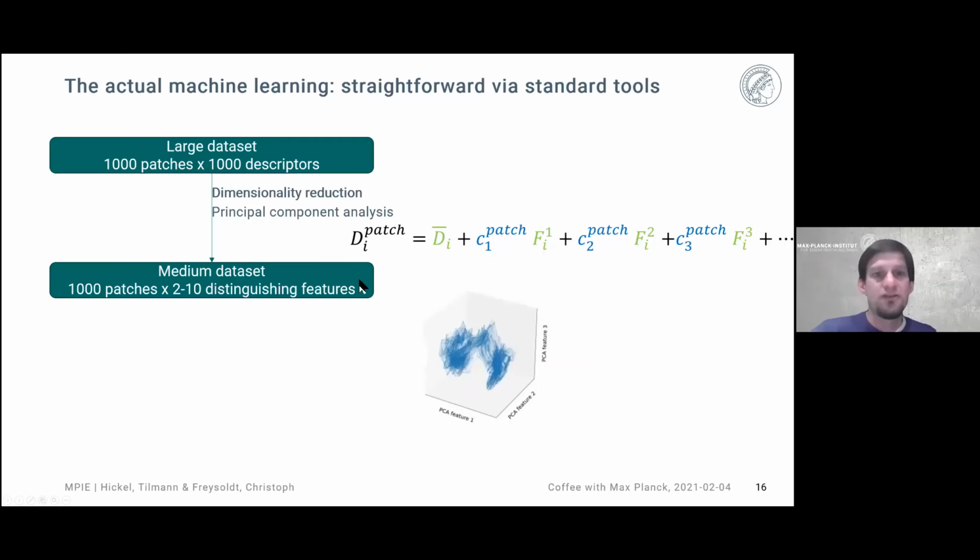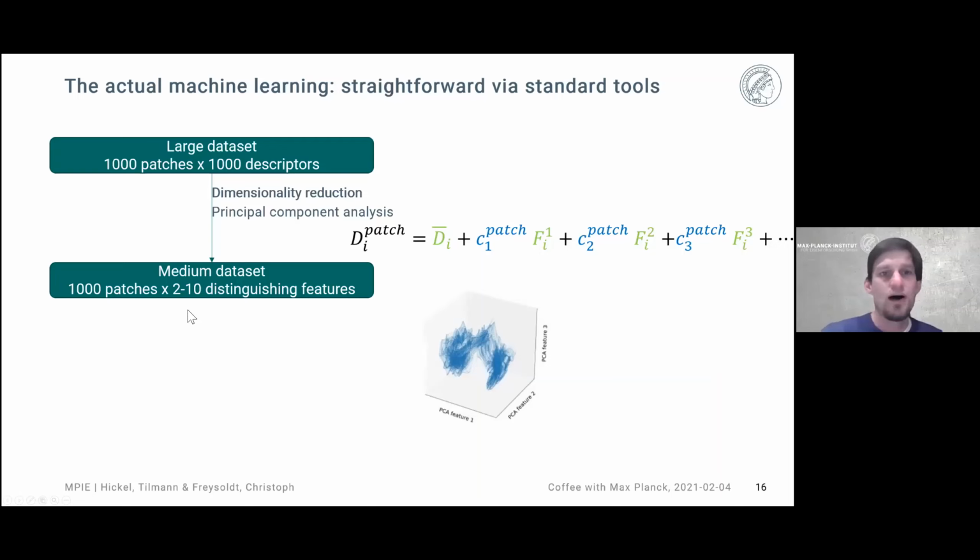Instead of having 1,000 numbers per patch, you just store these coefficients that tell you which kind of features there are. And the way to get from the entire data set to this reduced or simplified representation of the same data is called principal component analysis.